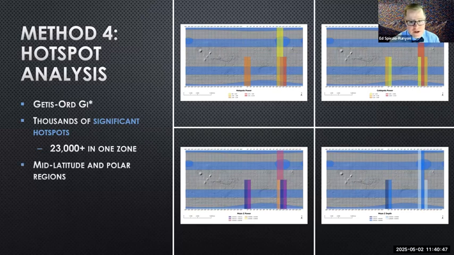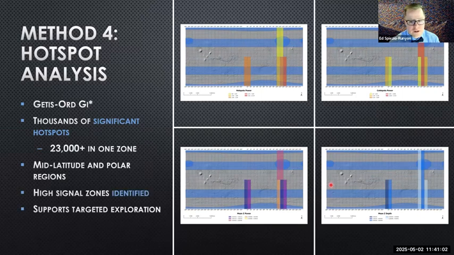These were typically concentrated in the mid-latitudes, especially in areas like Arcadia Planitia, which again would be in the northern band there, and in the polar layered deposits. These maps show partitions where reflectors are most statistically intense, and they help to focus attention on areas with the best potential for ice or brine resources.